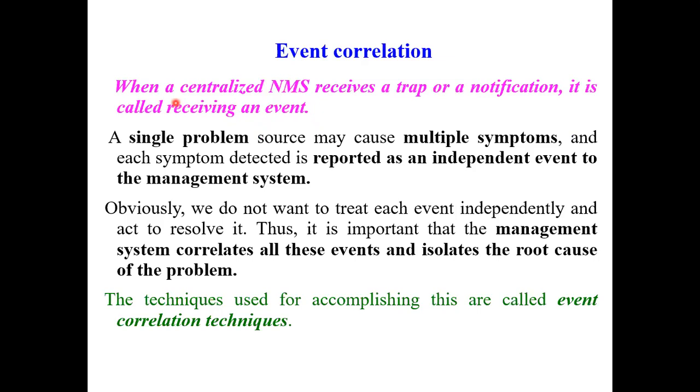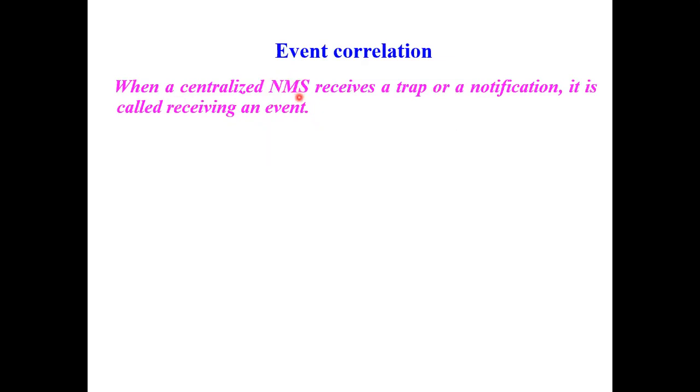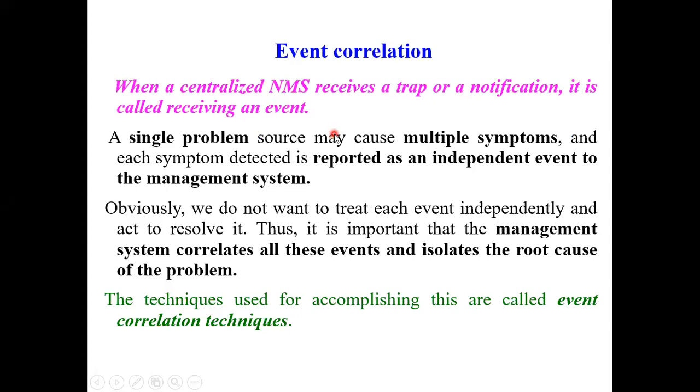When a centralized NMS receives a trap or a notification, we say that it is receiving an event. So an event means a trap, alarm or notification has occurred and it is being received.